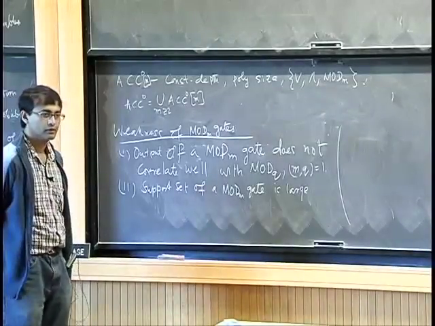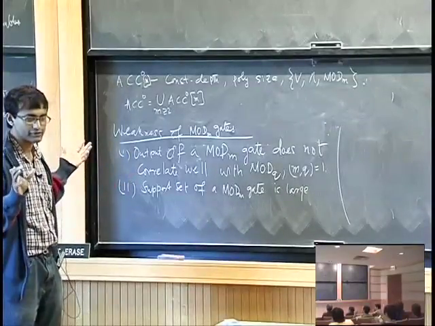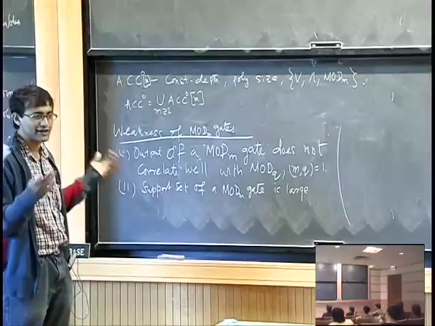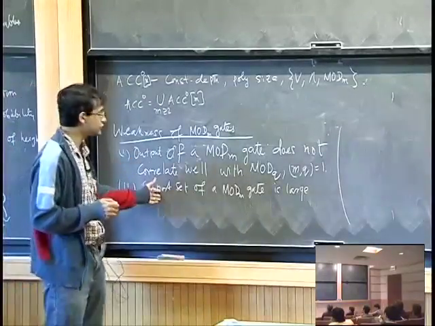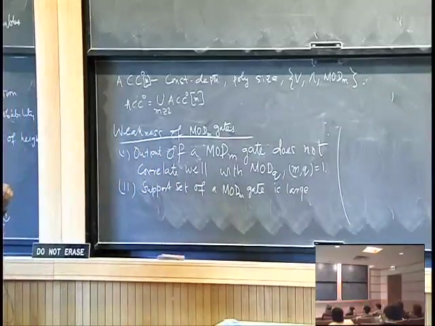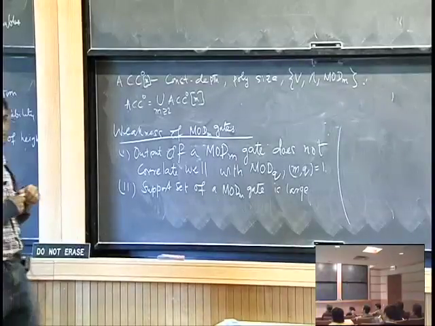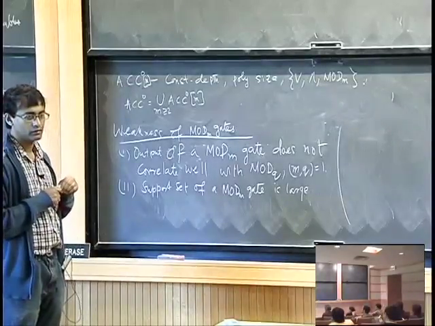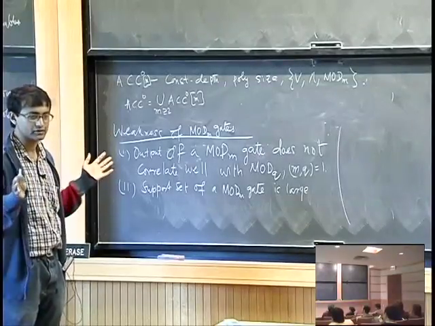That's a weakness or that's a strength? Well, I'm going to think of it as a weakness because I will consider functions which have low support. You're right, this is a feature, but I'm viewing it as a weakness. Support, you mean the things that are not 0 modulo M? Yes, so it's 1 minus 1 over M, that fraction of 2 to the n.